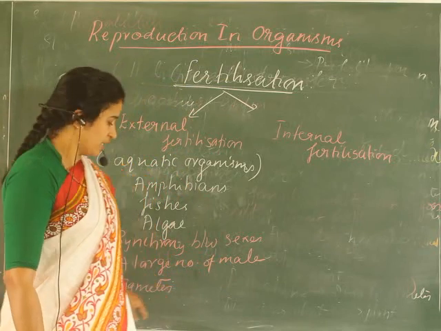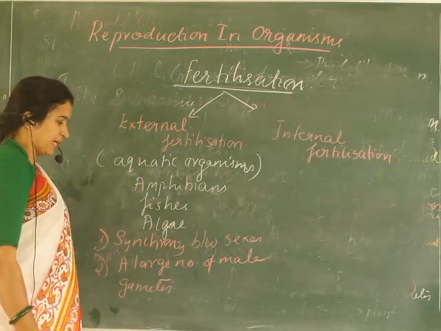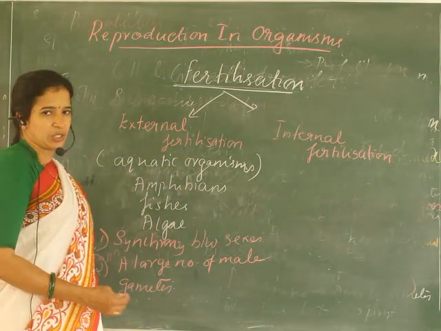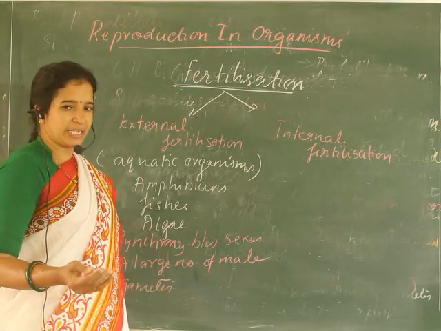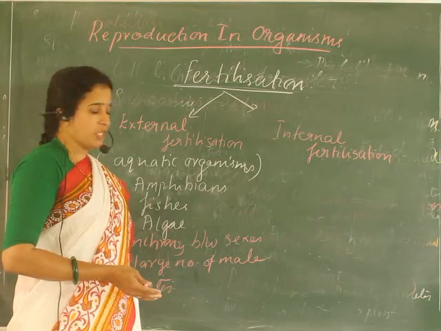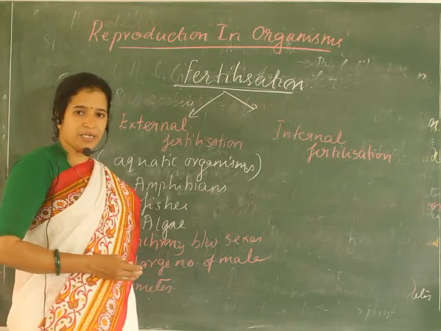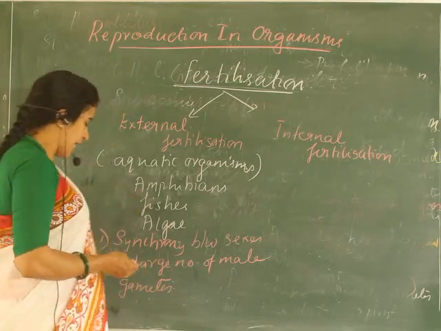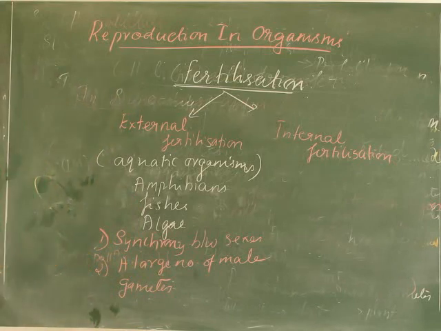During the transfer in the water there is a chance of loss of gametes, so to compensate for that loss, they produce male gametes in large numbers. This is regarding external fertilization.